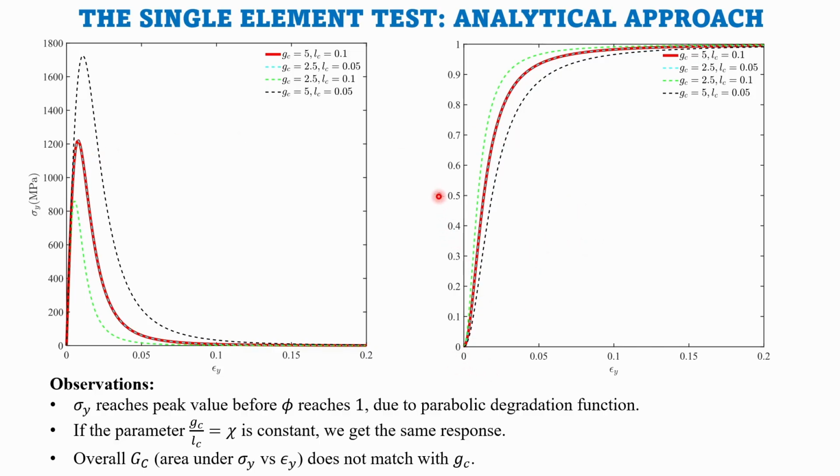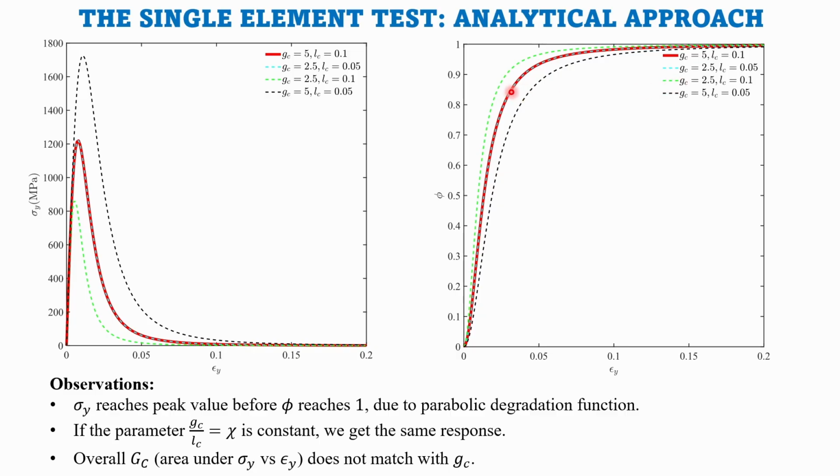Again, if you look at the phase field versus the strain curves, a typical phase field curve looks like this. It goes from 0 to 1, as I said, and it increases gradually. There is no sharp discontinuity at any point in the middle. So again, this red and this cyan curve, which is here, they overlap.